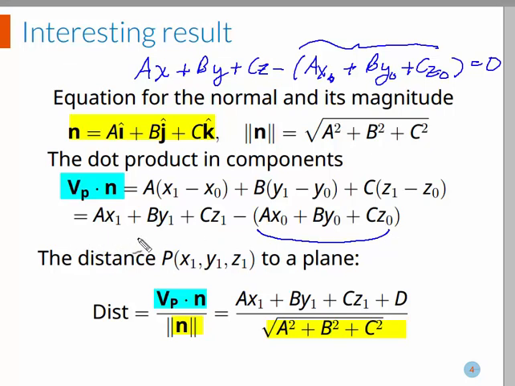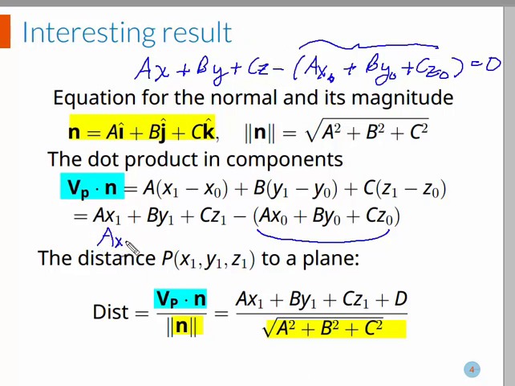The initial terms were very similar, ax, by, cz, but in this case we have a point that is not in the plane. Of course, if it were equal to 0, then that point would be in the plane, and that would make sense because the distance from the point to the plane would then be 0. But now I'm going to write this in the same way that we had for a plane.